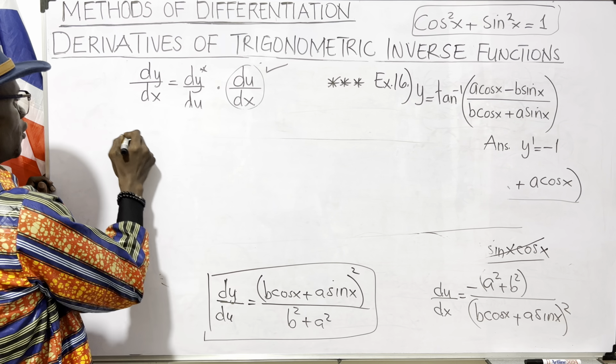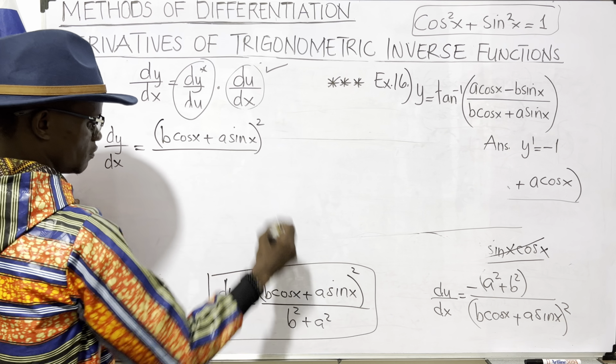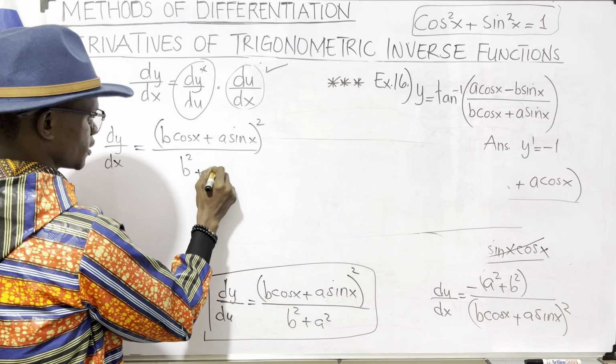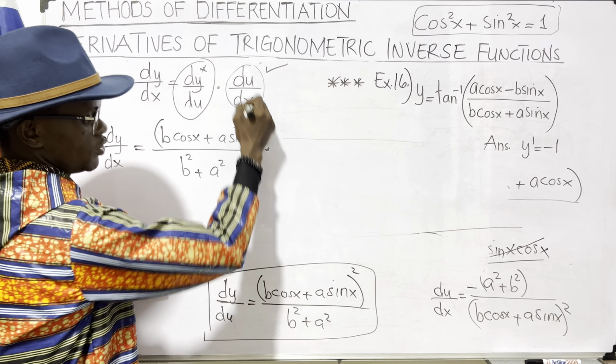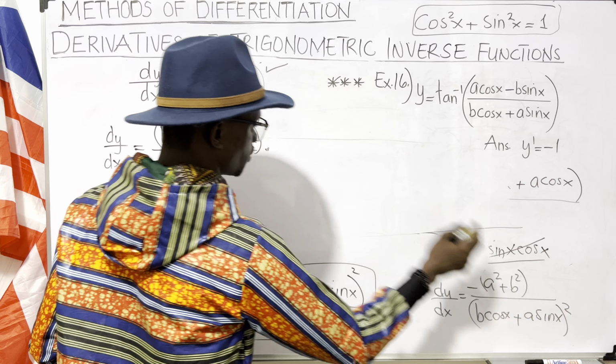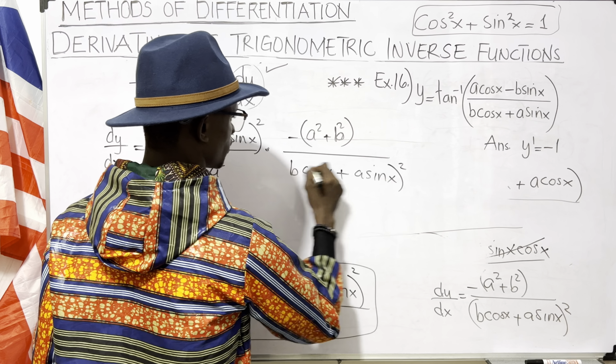Then dy by du now is just equal to this, which is b cos of x plus a sine of x all square, all divided by b square plus a square, and then times our du by dx, which is this one now, just minus a square plus b square all over b cos of x plus a sine of x all square.